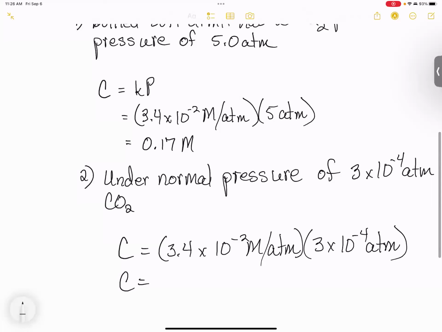Or in other words, the concentration is 1.02 times 10 to the minus 5.